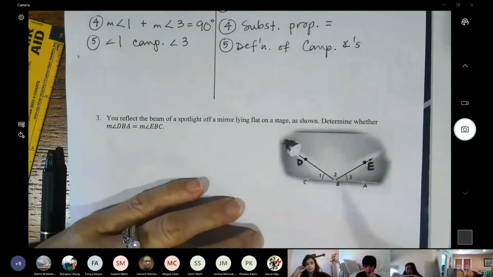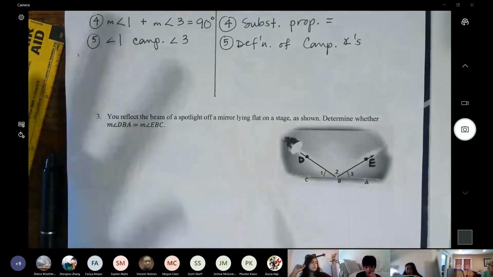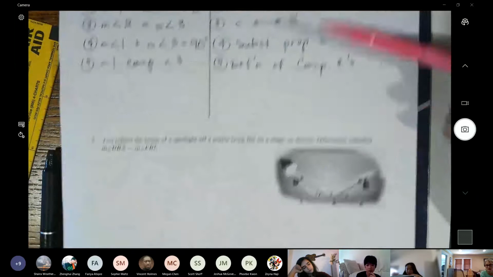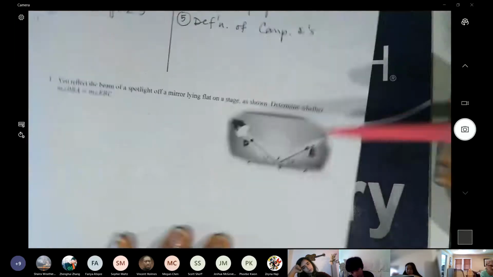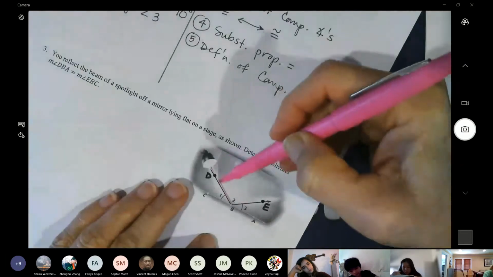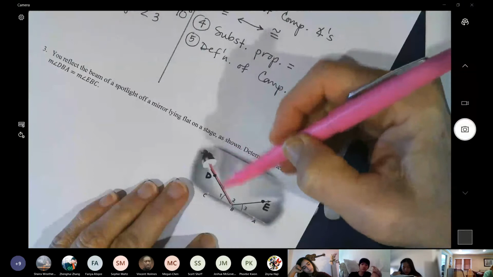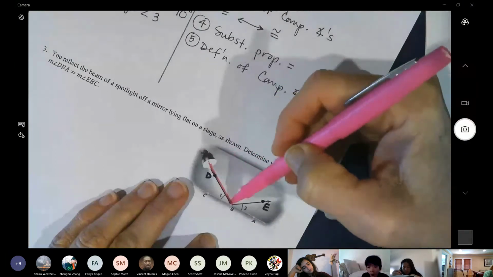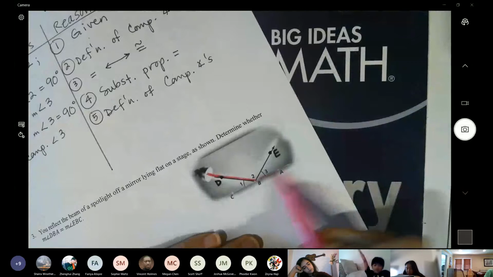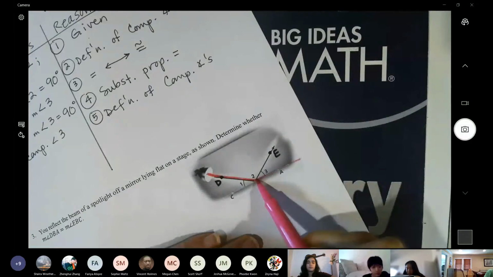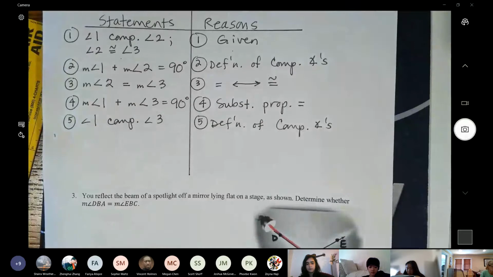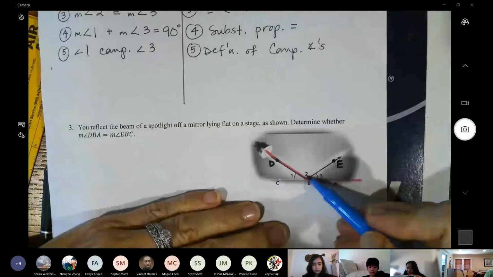So the first thing I'm going to do is highlight my angles, because all these angles were separate, but here I'm going to highlight them. So I'm going to color this one pink. So I can clearly see that what I'm trying to show is that this angle here is equal, the measurement is equal to this one here.